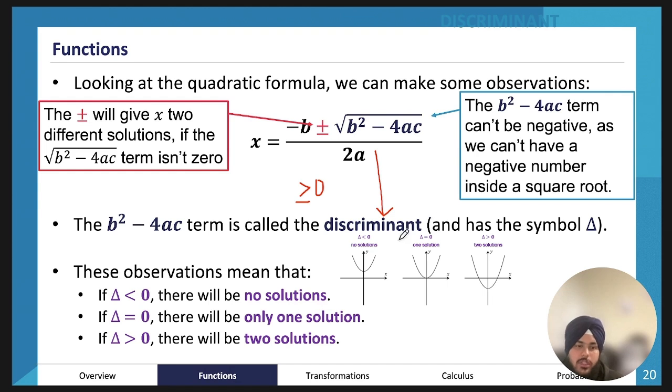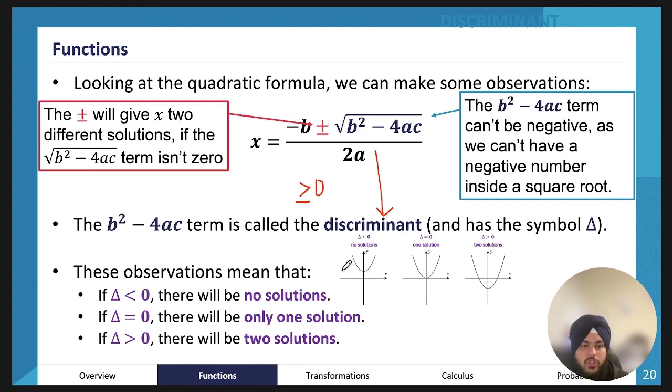And what I mean by solutions is if you look at these graphs over here, solutions refers to how many times the graph crosses or intersects with the x-axis, because that's essentially what an x-intercept is. When and where is it crossing the x-axis?